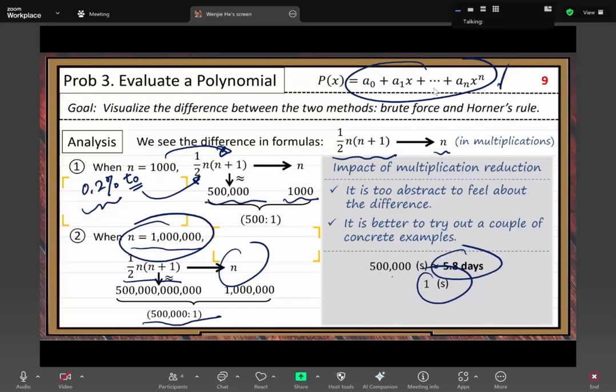In this example, our first project, we try to feel this huge difference. But with the data I give you, I cannot let you wait 5.8 days to get the answer, right? We cannot afford it.